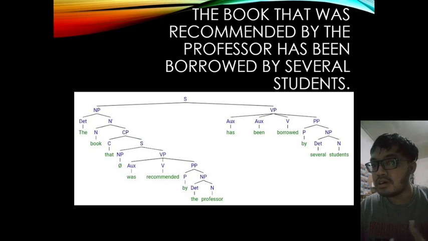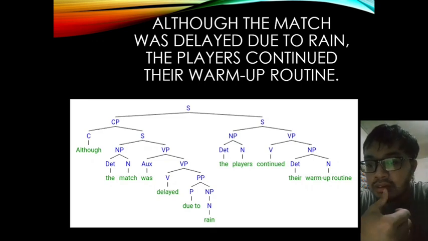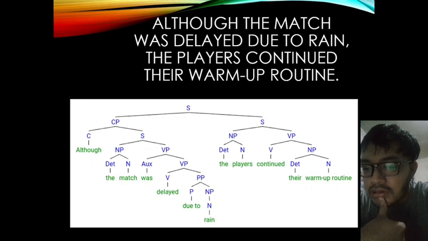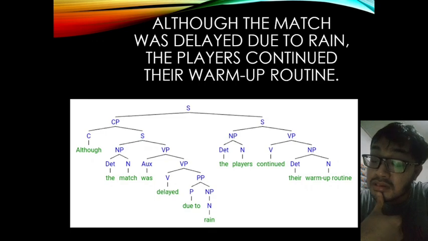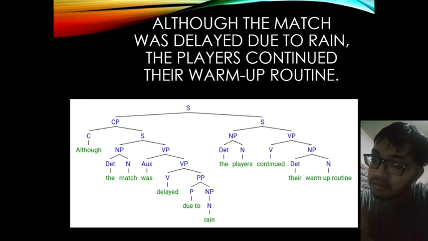Anyway, the second sentence. Although the match was delayed due to rain, the players continued their warm-up routines. The sentence starts with a subordinate clause introduced by although.